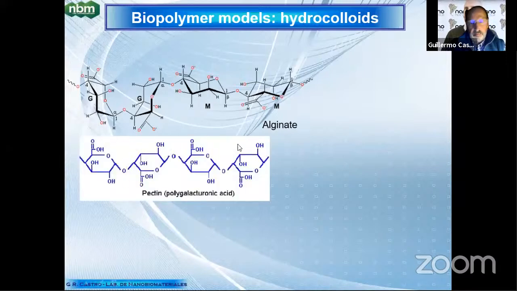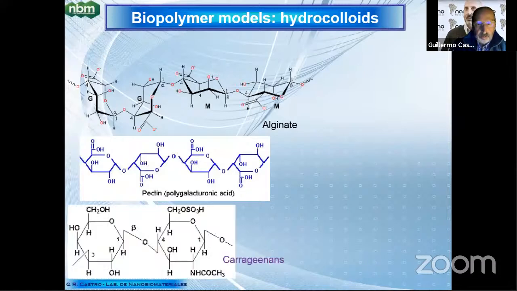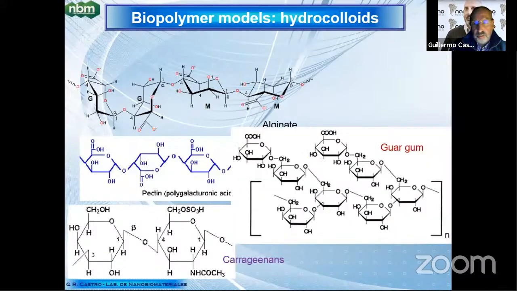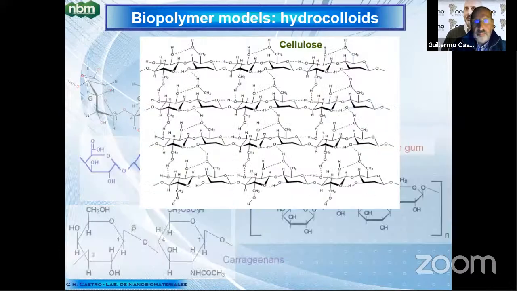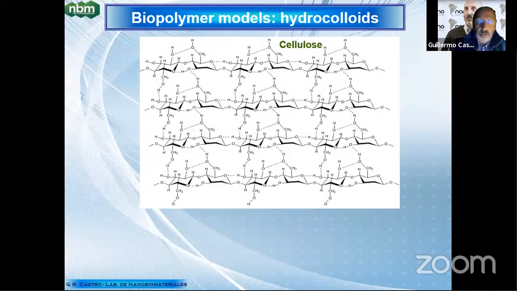Also, pectins are waste from plants and are a structural polymer composed of galacturonic acid, derivatized in different ways according to the plants. We have carrageenans, we have wire gum, we have cellulose, which is a huge waste everywhere.